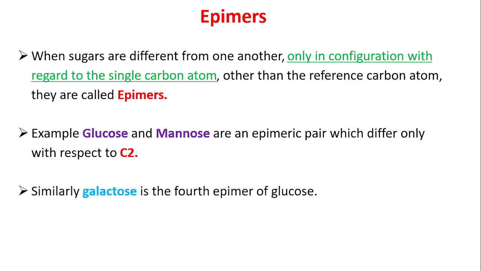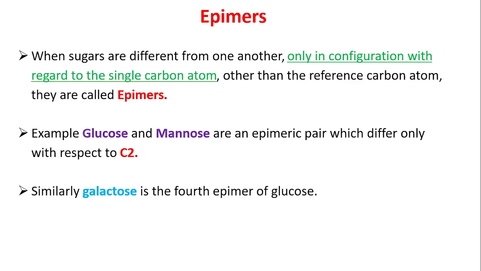Another epimer is galactose, and galactose is an epimer of glucose, and they only differ at carbon number 4. So these are the two good examples of epimers of glucose which you can be asked in an exam, test, or a quiz.